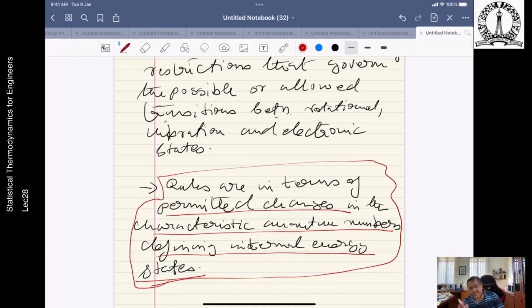Applying it for a generic two-level system, we define the transition probabilities associated with such transitions. The idea of selection rules is which characteristic quantum number changes are permitted, what is called a forbidden transition and what is called an allowed transition.